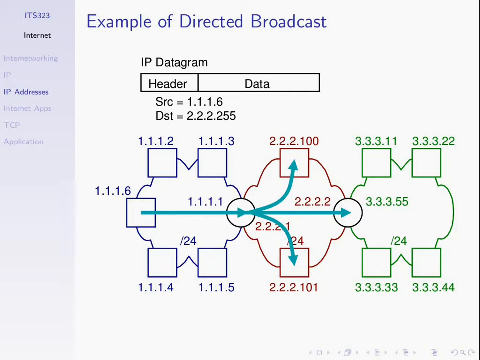We just introduced the network address, a special case address where the host portion was all zeros. Here's a different type. So let's say I want to send to everyone on the red subnet. Let's create the directed broadcast address.